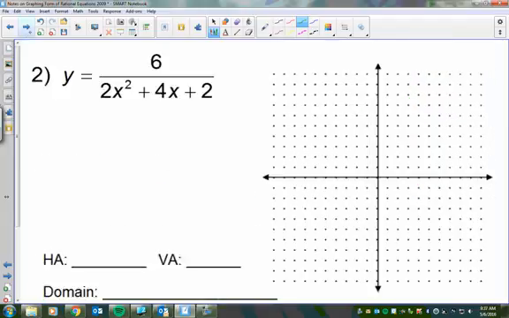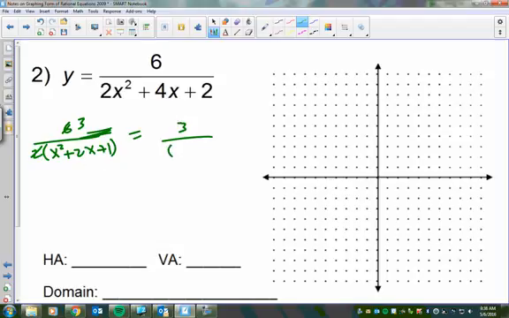All right, next. What do you notice about this one? Common factor of 2, right? Yeah. So I'm going to start by rewriting it with the 2 factored out, which means you could cancel. You get 3 there, and the denominator is now x plus 1 squared, right?